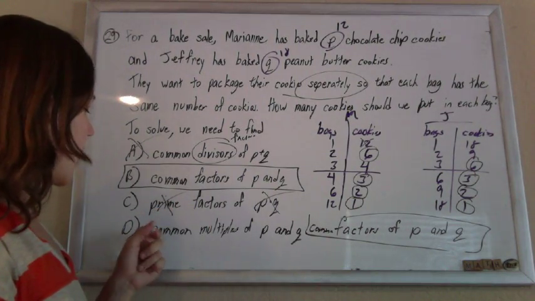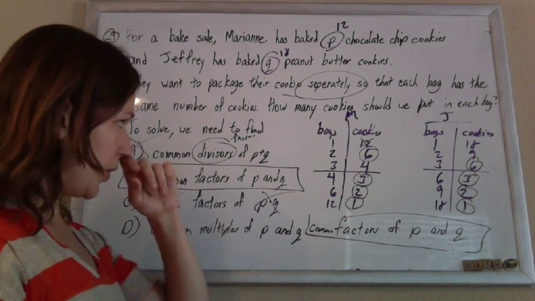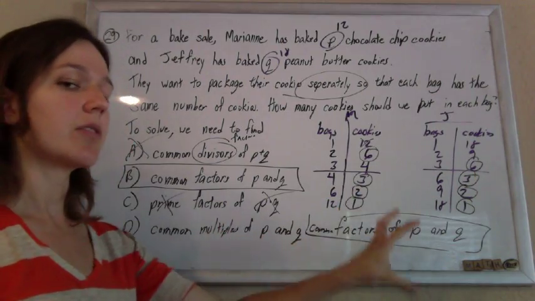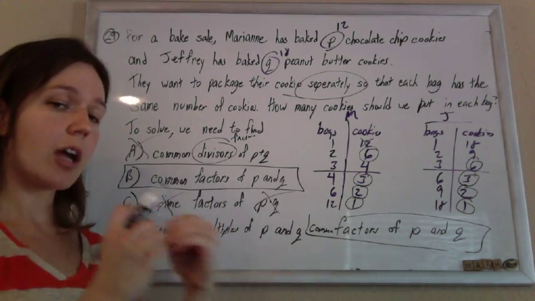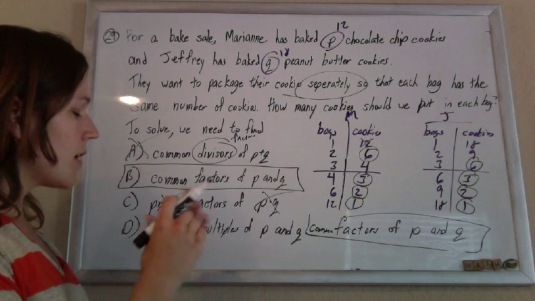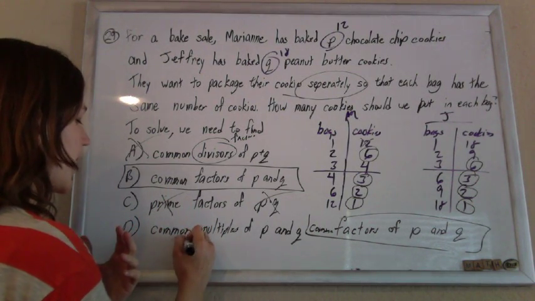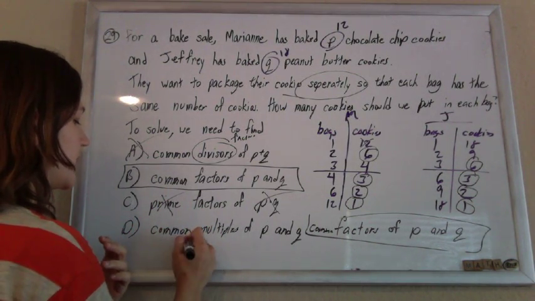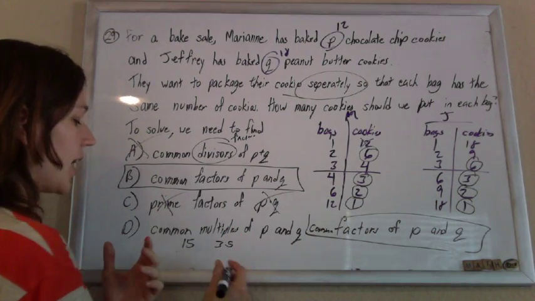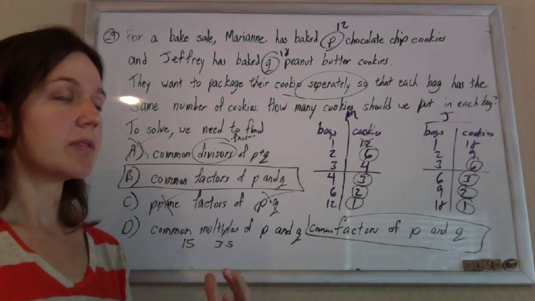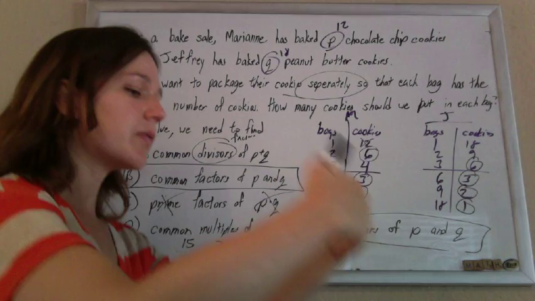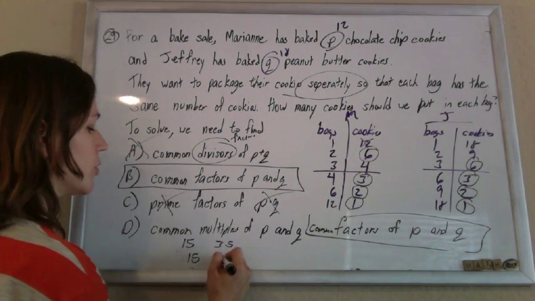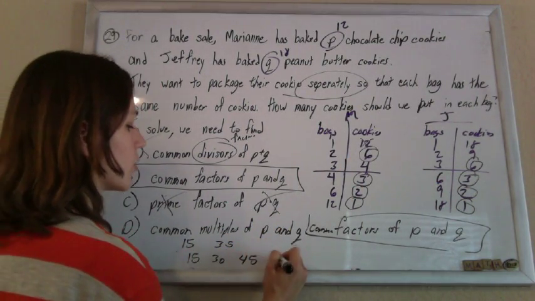Common multiples of P and Q. We found factors, not multiples. So just be careful that you get the difference between factors and multiples. Factors of 15 are like 3 and 5. But multiples of 15, think multiple 15s, right? 1 15, 2 15s, 3 15s, 4 15s.